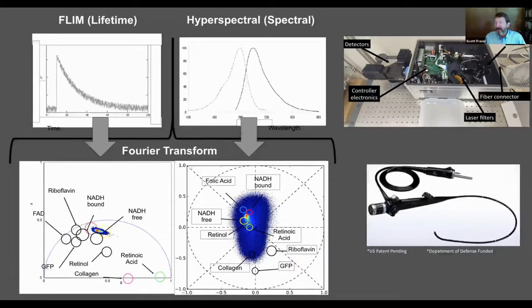Neither one of them is really perfect, but both of them are extremely informative. And so we've been involved in trying to work with vendors and with some of our own soldering irons and such to build instrumentation that can really collect the spectra and the lifetime. And been, for example, in one experiment, shooting that down a bronchoscope so that we can see the response of the airways in both hyperspectral and lifetime imaging.